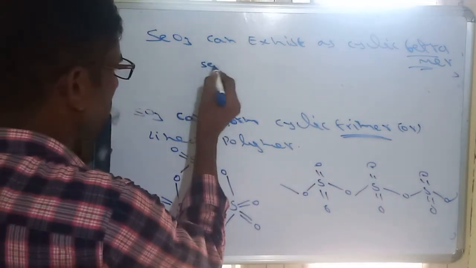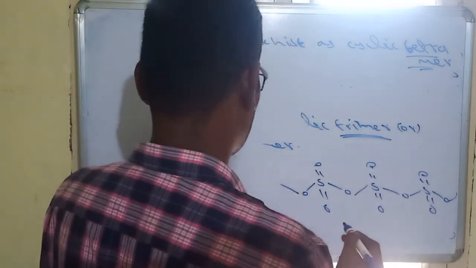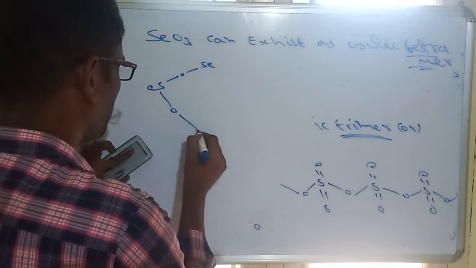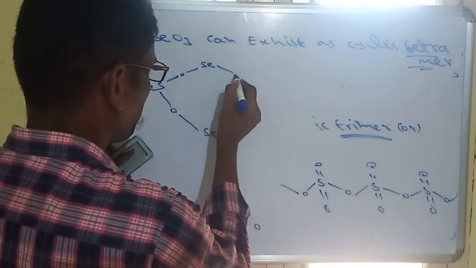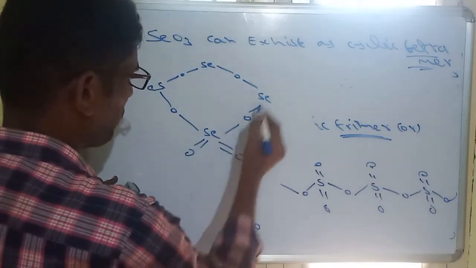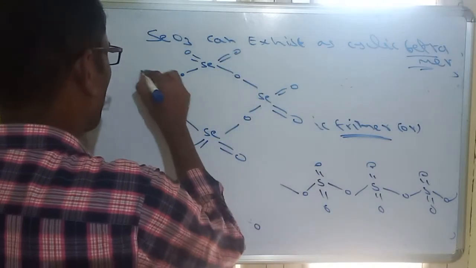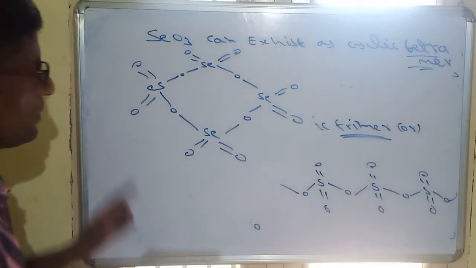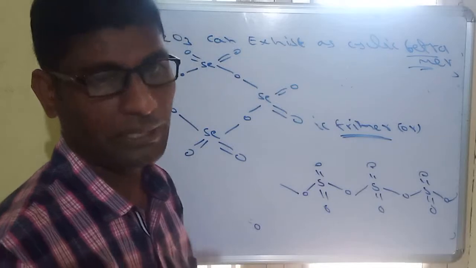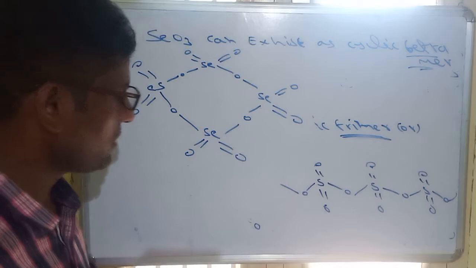So it should be like this. So this is the cyclic tetramer of SeO3, and SO3 exists as a cyclic trimer. So these are all about oxides, reactivity with oxygen.